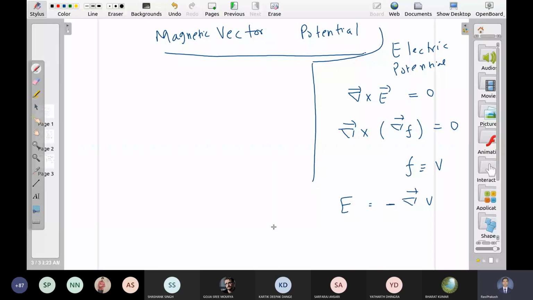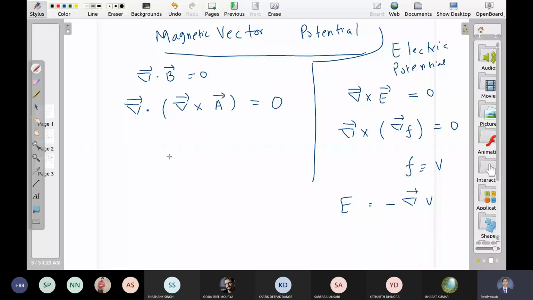Same thing happens here also. Now here divergence is 0. But there is a mathematical identity that divergence of curl of any vector, take anything, is always 0.